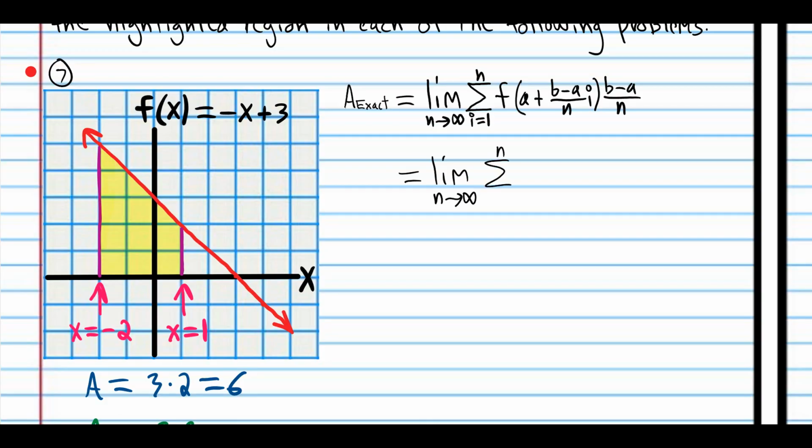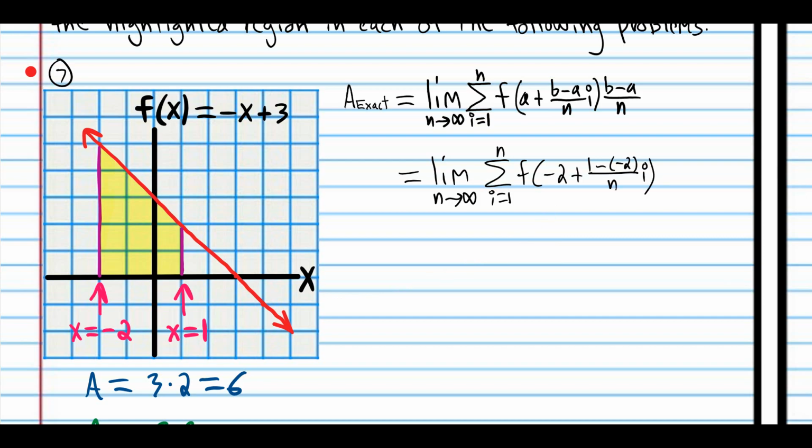So we have n rectangles. We're just going to let the number of rectangles be n for now. A is the left bound, that's -2. That's this here, right? B is the right bound, that's 1. So you have 1 minus -2. And again, we're using n rectangles.